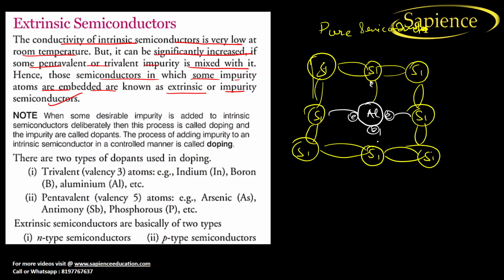So it will share with the nearby atoms, but there is no extra electron, so one sharing will not happen. It means an extra hole is created, and this hole will help to conduct electricity.